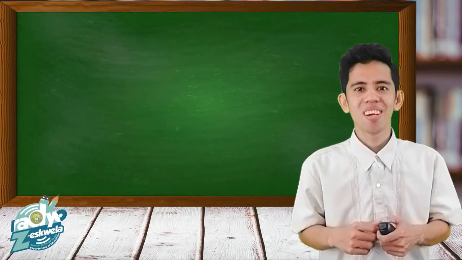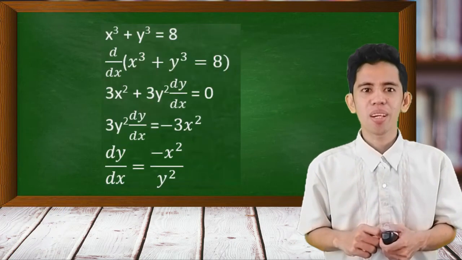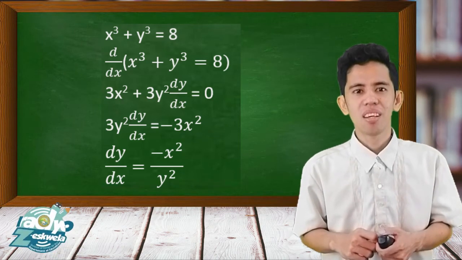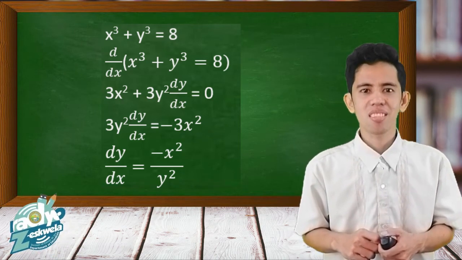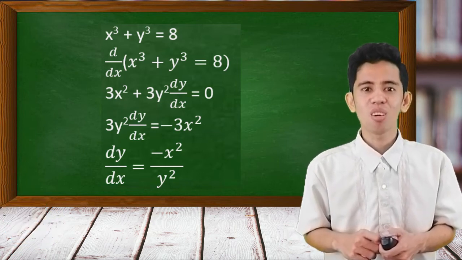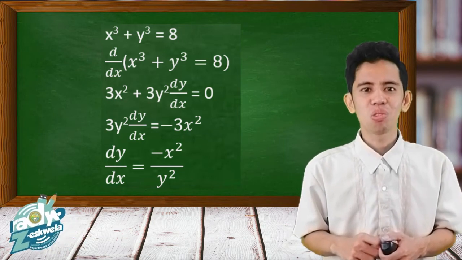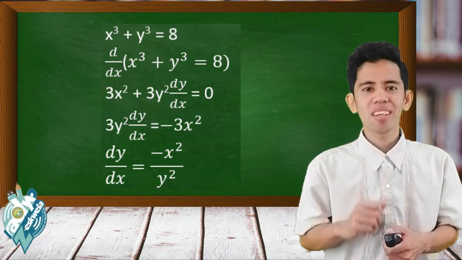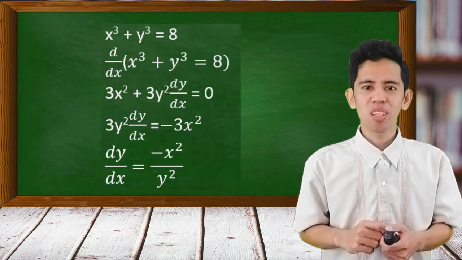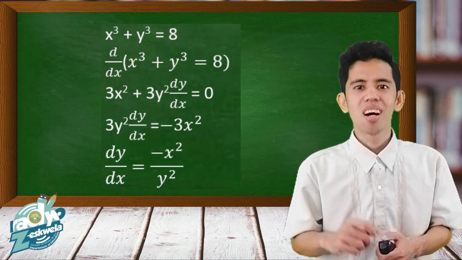We are back. Let's check your answer. Multiply both sides by d over dx. And we have d over dx times x cubed plus d over dx times y cubed is equal to 8. Simplify, then 3x squared plus 3y squared dy over dx is equal to 0.